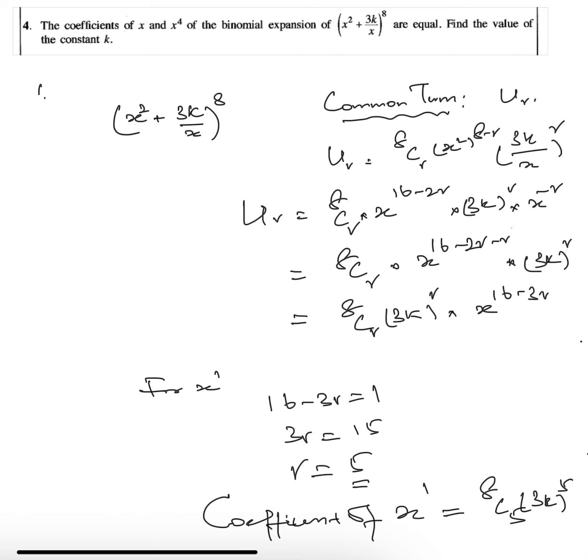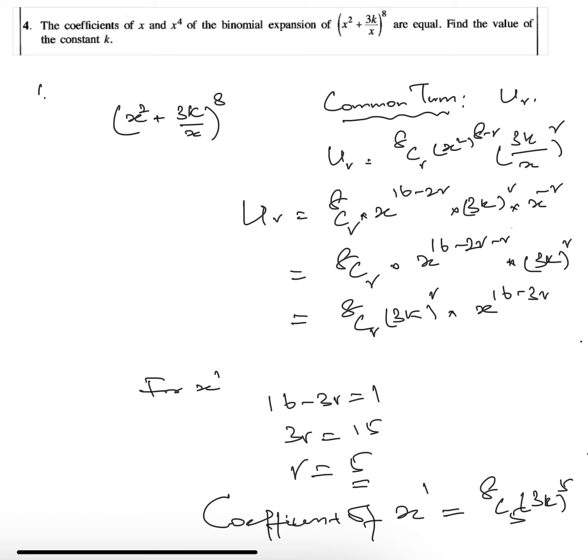Let's write it down. Ur is the common term, any one of those terms in that series expansion. 8Cr, r term, (x squared) to the power of 8 minus r, times (3k divided by x) to the power of r.